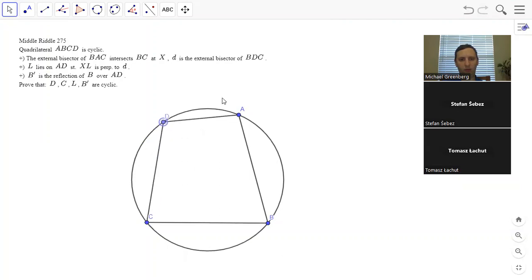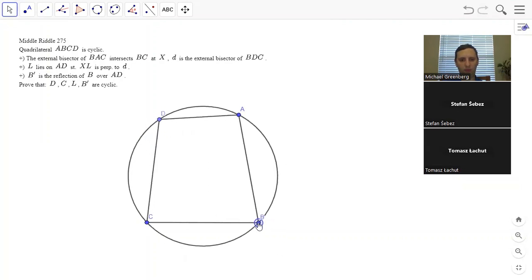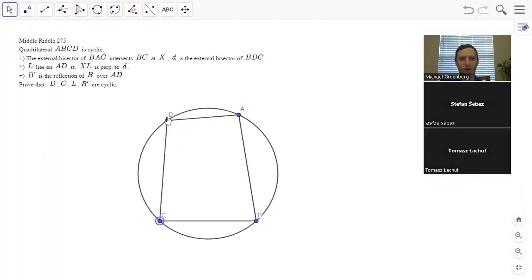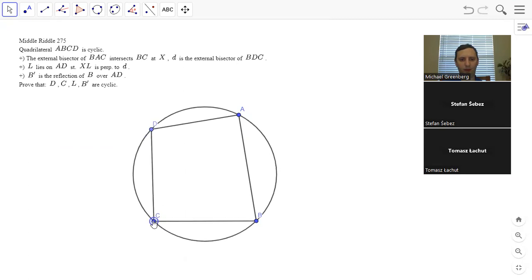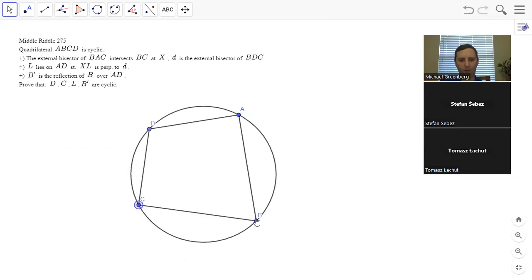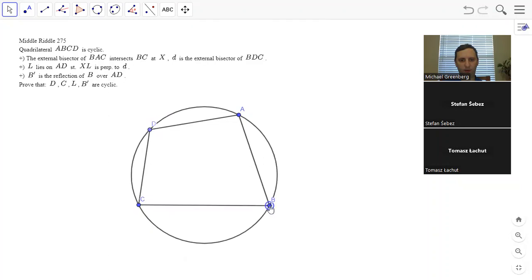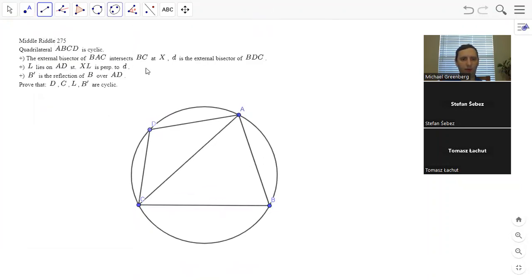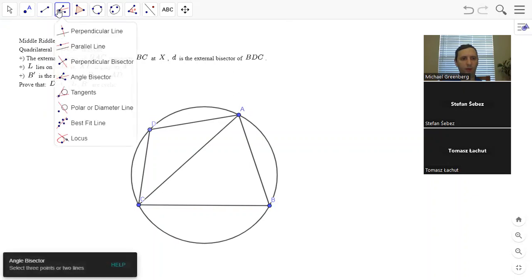I don't want it to look like a trapezoid. Yeah. Let's try something like this. I think that looks good. So you draw the internal and external bisector.